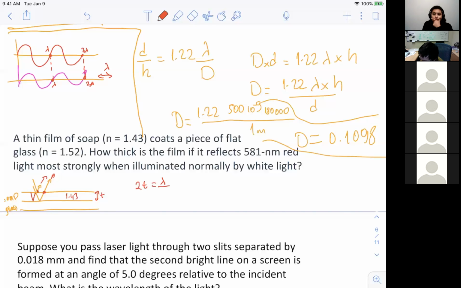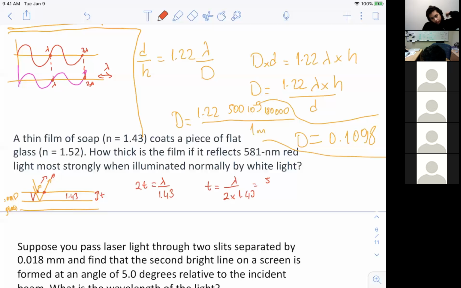Okay, let's go back to this question. So twice the thickness is going to be lambda, but lambda is different in that soap medium. Then what you have is thickness equals lambda divided by 2 times 1.43.